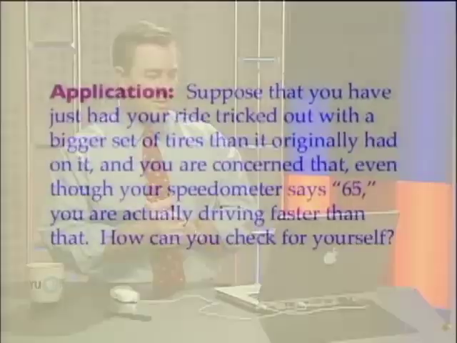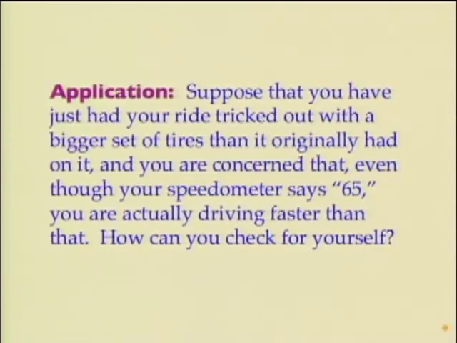Now, you may be saying, well, that's great, but how does that help me in everyday stuff? I'm not going to be working serious math problems. Let me give you a situation where this kind of thing would be helpful. Let's say that you've just had your ride tricked out, you got a bigger set of tires on it than you originally had, and you're concerned that even though your speedometer says 65 miles per hour, you're actually driving faster than that.